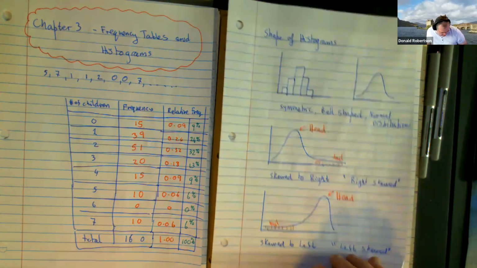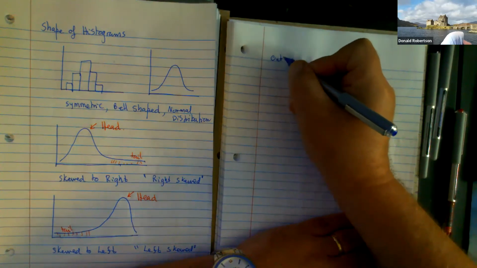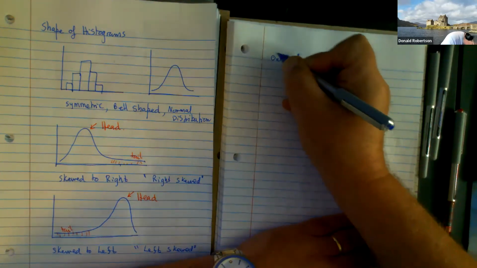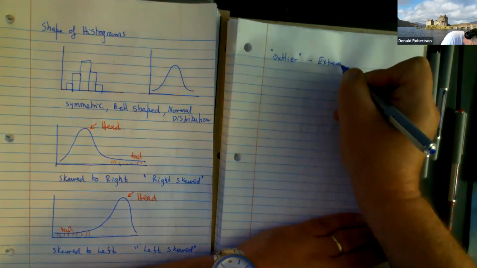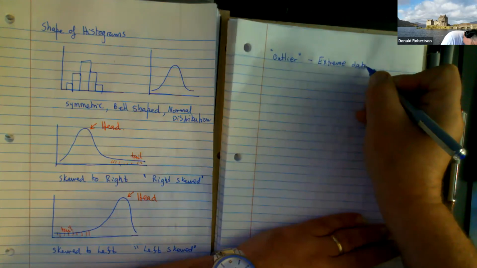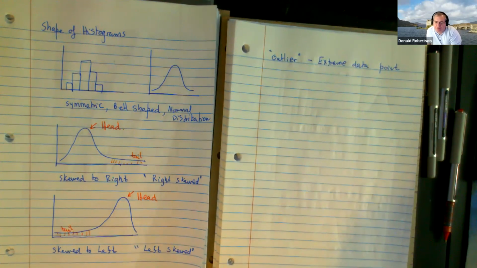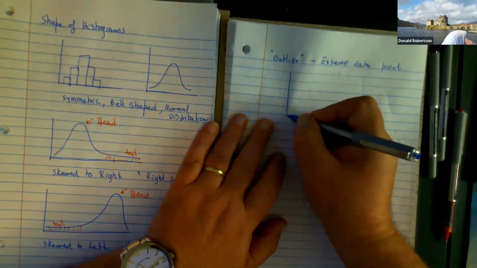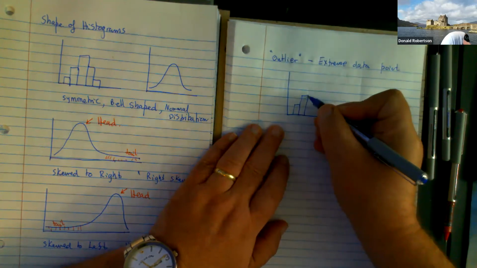So if I went and, well, let me add one more thing before I do that. There is a thing called an outlier. And that is essentially an extreme data point. That is somebody who's really, really big and not like any of the other numbers, or really, really small. So imagine I had data that was the ages of people in a chess club.